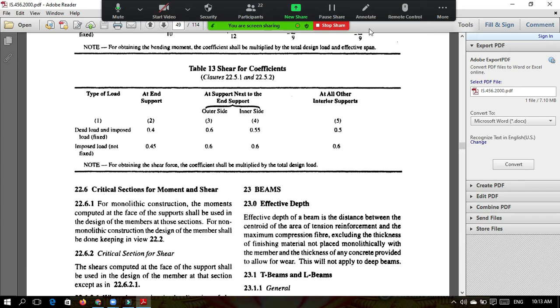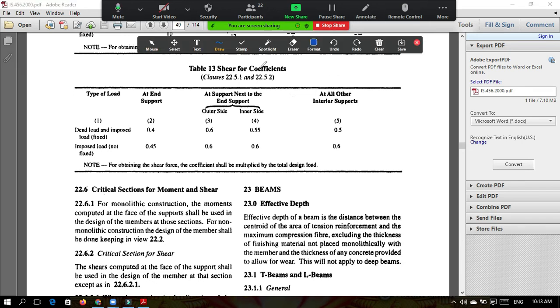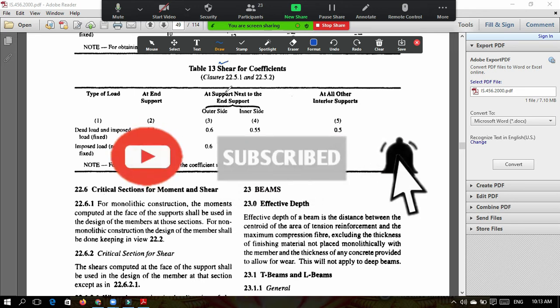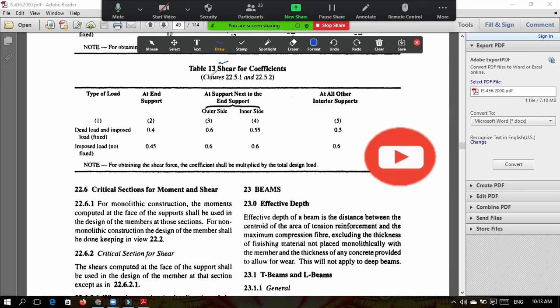Now this is the table. You can see over here, this is the table for shear coefficient, table number 13. This table we have already used while calculating the shear force for the one-way continuous slab.